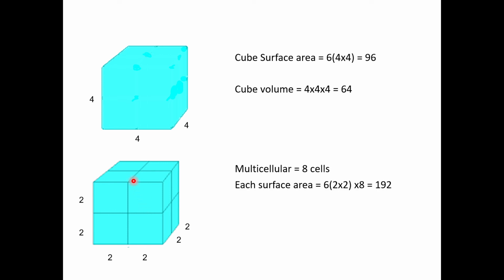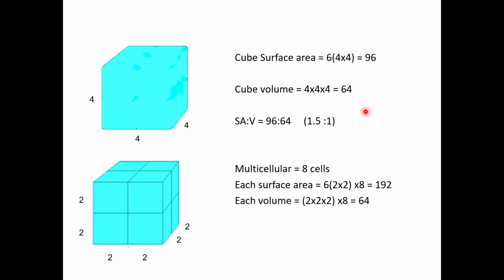So the surface area is each cube's surface area, 2 by 2, and it has 6 sides. Then I have 8 cells, so my total surface area is 192. The volume is 2 by 2 by 2, and I've got 8 cells, so 2 by 2 by 2 times 8 gives me 64. So once again, it's the same volume, but a much greater surface area when I have individual cells rather than just one big cell.